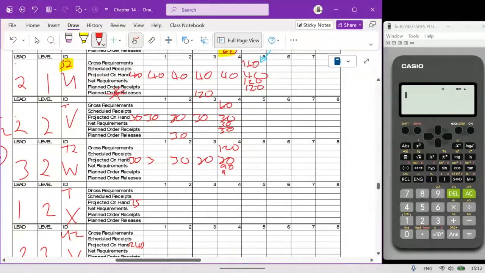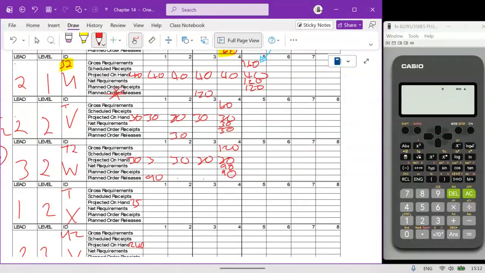Then you have 3 weeks to order. One, two, three, 90. Then we have X, which comes from T also, and it's times 1.